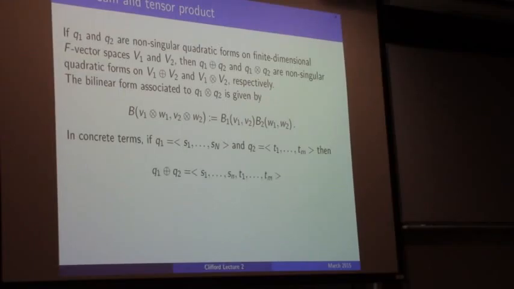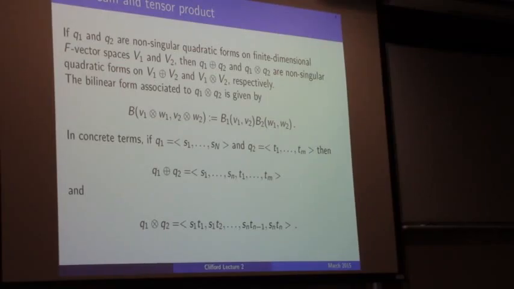So in very concrete terms, if we've already diagonalized our forms, then the direct sum is just obtained by appending one form to the other, and the tensor product is like the Kronecker product of diagonal matrices. So we take all possible products. But this is deceptive, because we couldn't have defined the tensor product in this way.